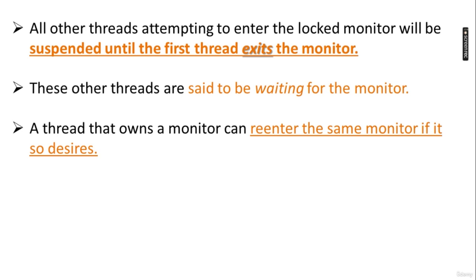All other threads attempting to enter the locked monitor will be suspended until the first thread exits the monitor. If others are still coming and trying to enter the monitor, they will be suspended until the first thread that acquired the lock exits the monitor. These other threads are said to be waiting for the monitor. That is the waiting line or waiting queue. You can think of it like that.